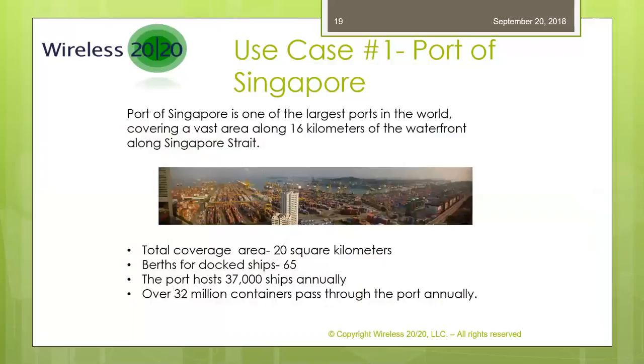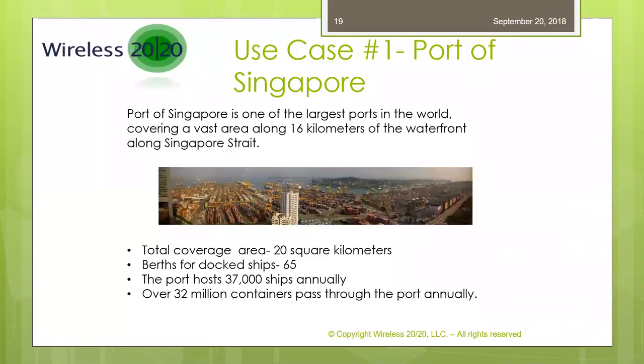So here is this picture in the middle. I guess it does this justice if we can get an idea of the size and stretch of this. It strings out along 16 kilometers of the waterfront along the Singapore Straits. So it's a total coverage area in our use case of about 20 square kilometers.